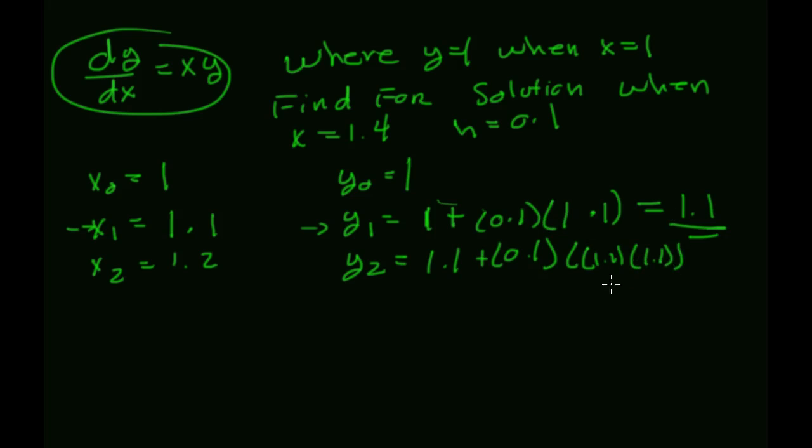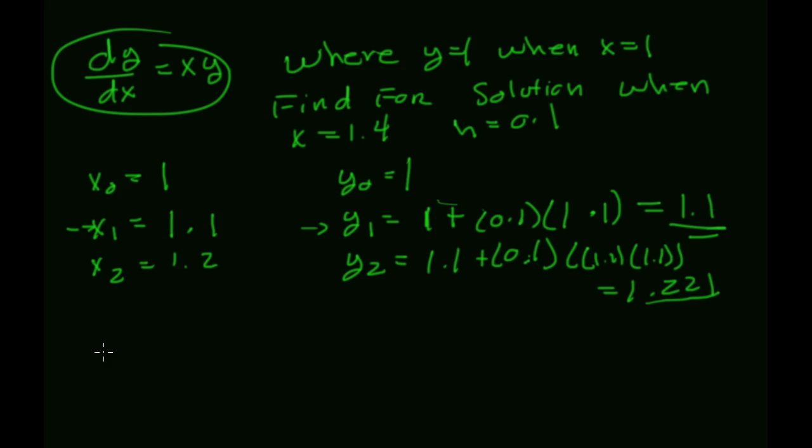So we're going to multiply those together. 1.1 times 1.1 times 0.1 plus 1.1 is going to give me 1.221. Okay, so we've moved again. We're getting closer to 1.4 here, and we're tracking the y value along the way.